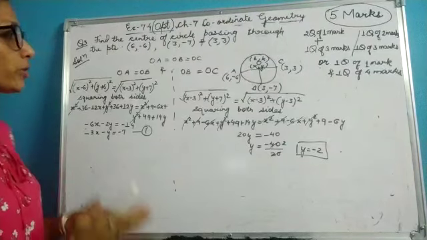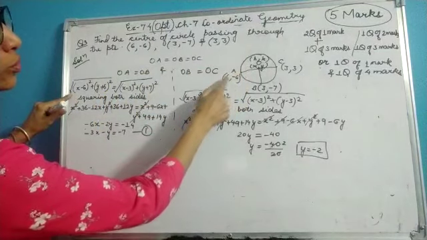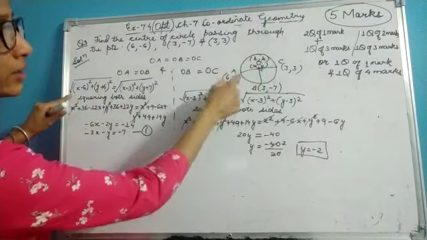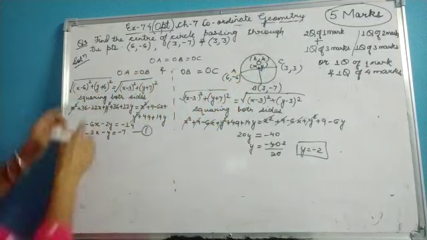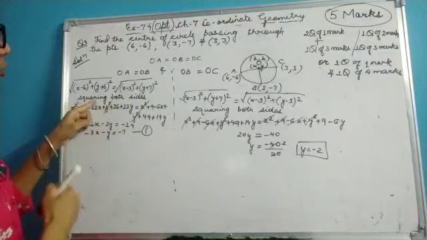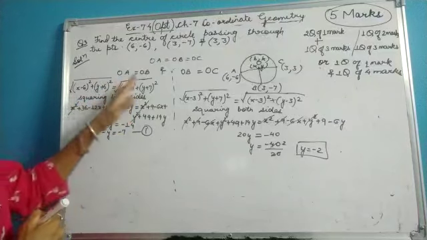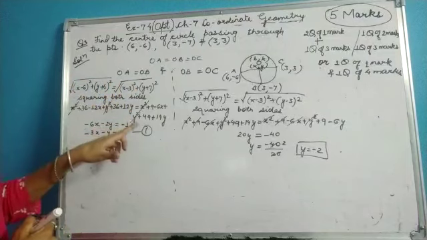Let's see the solution. What I have done, I have just written OA, that means x minus 6 whole square plus y minus 6, which will become plus 6 whole square. Similarly, I have written OB. Then since roots are present on both the sides, I have done squaring both the sides. So square root gone. Then I have opened with a minus b whole square and a plus b whole square formula.